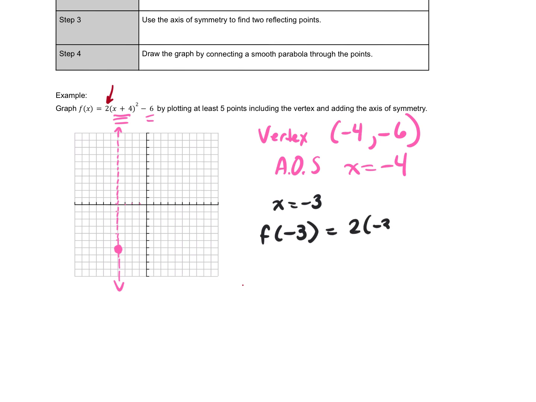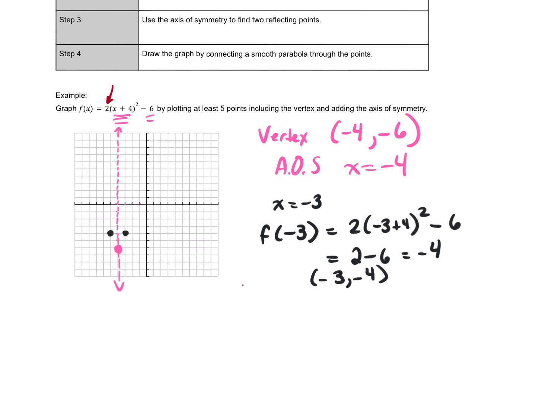So what is 2 times (negative 3 plus 4) squared minus 6? Negative 3 plus 4 is 1. 1 squared is 1, times 2 is 2. 2 minus 6 is negative 4. So now I know the point (negative 3, negative 4) is on my graph. So I go back 3, down 4. But then remember, I also know there's another point on the other side.